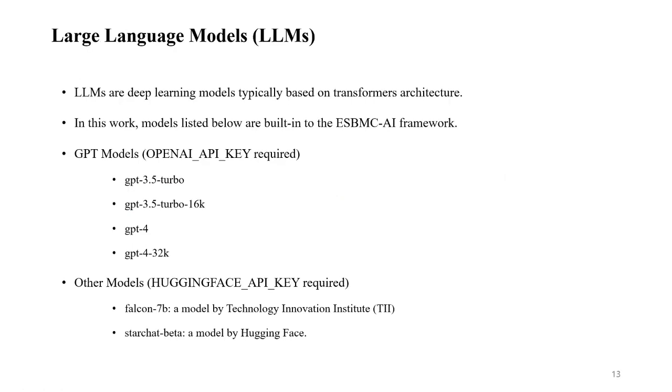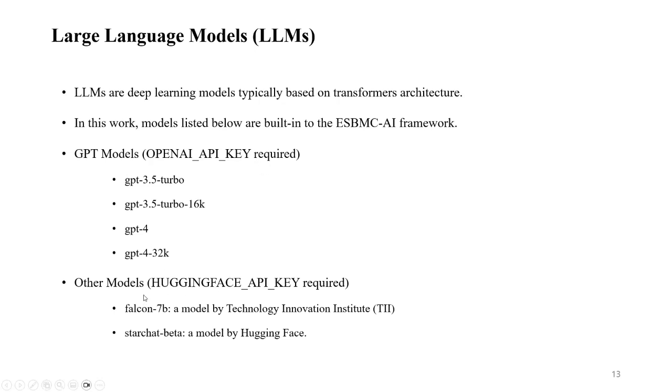So when these scholars designed their framework, they used LLMs. If you refer to the documentation of this framework, the GitHub repo identifies two groups of LLMs. The first group is GPT models. In this demonstration, we need an OpenAI API key.